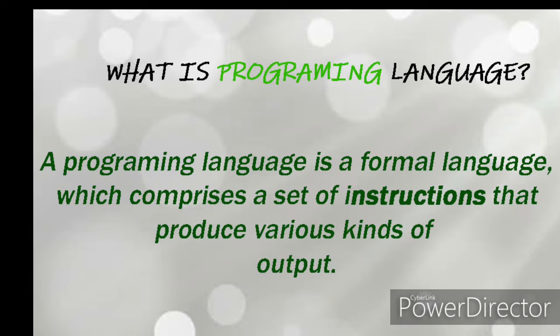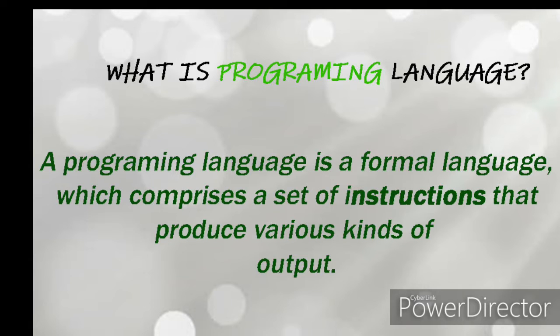What is Python? What is a programming language? A programming language is a formal language which comprises a set of instructions that produce various kinds of output. Just like we have different kinds of language outside in the world, like Igbo, Hausa, Yoruba, English, so do we have language in a computer system.